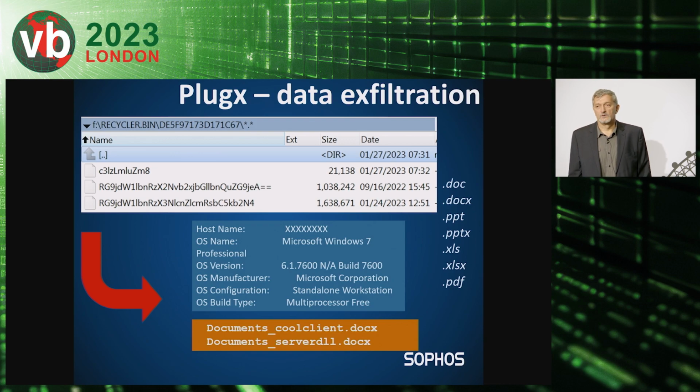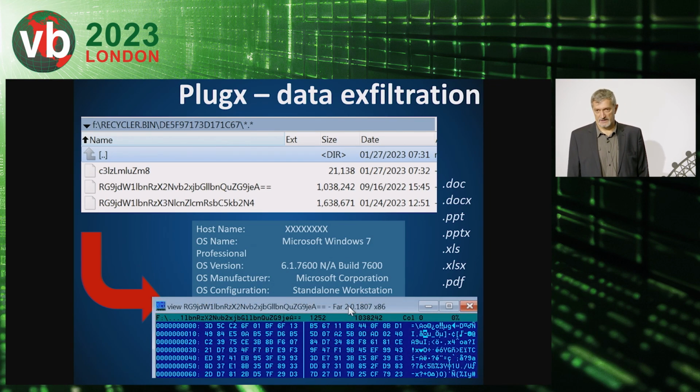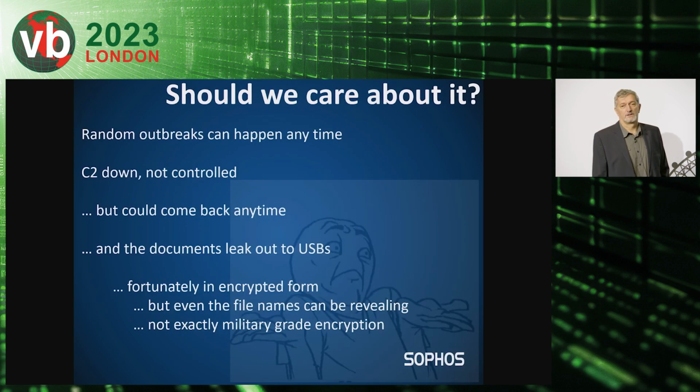The names are encoded with a simple base64 scheme, and the content is also encrypted. So whenever someone plugs a USB disk into an infected computer, sensitive documents will be copied into the recycler directory.